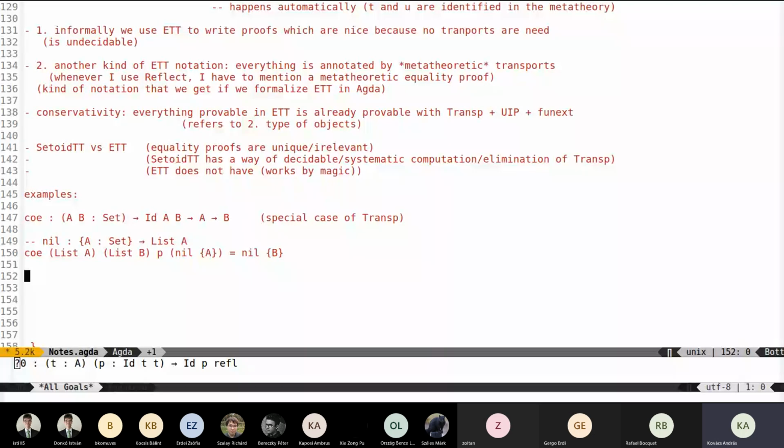So if I want to coerce a Vec A (suc m) to a Vec A (suc m), and then here I have some proof that suc of n, so here I have this maybe of suc p, and then I have a cons of x and xs, then it computes to the cons of x and p.